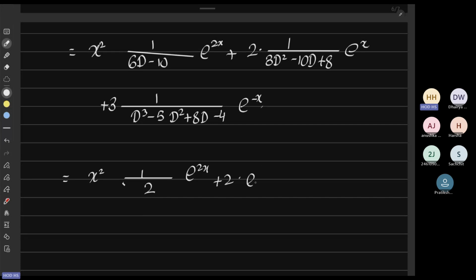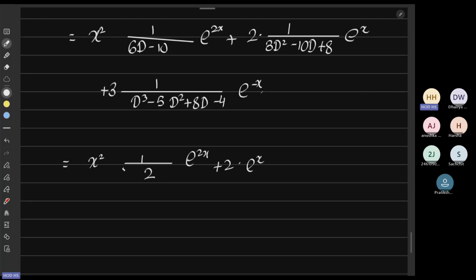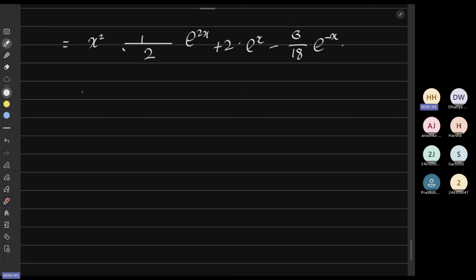So I will not write that 1 by 1 as it is 1, e to the power x, plus I will replace D by minus 1 to get minus 5 minus 13 minus 5, that is minus 18, with a minus sign. So 1 upon 18, e to the power minus x, and there is 3 sitting here, so it will be minus 1 by 6.